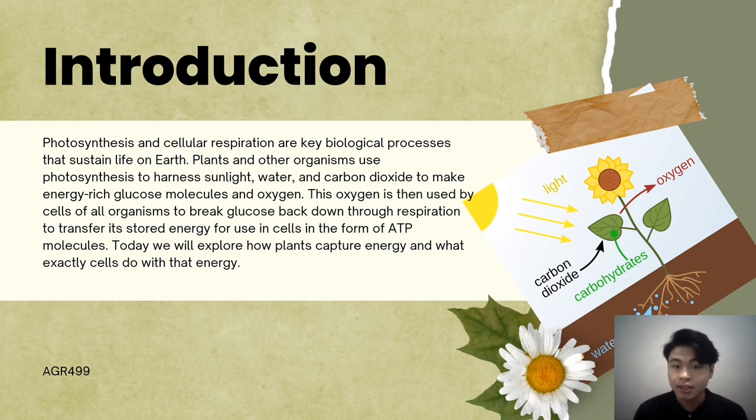This oxygen is then used by cells of organisms to break glucose back down through respiration to transfer its stored energy for use in the cells in the form of ATP molecules. Today, we will explore how plants capture energy and what exactly cells do with that energy.